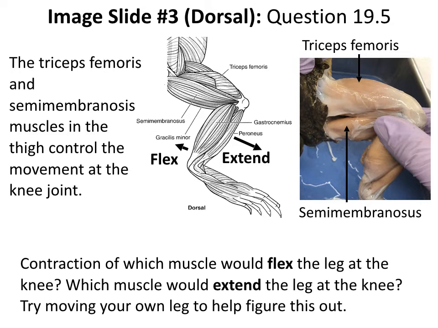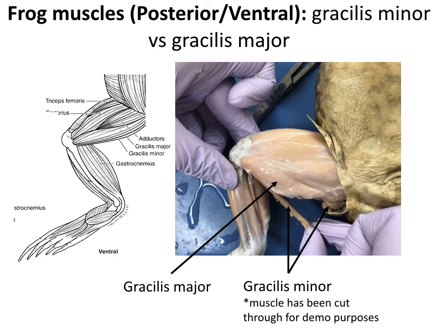There are some other muscles in the leg that you should know as well. If you look at the ventral side of the leg, you can see the belly of the frog here. On the posterior side in a ventral view are the gracilis major and minor, muscles that help pull your knees towards each other.